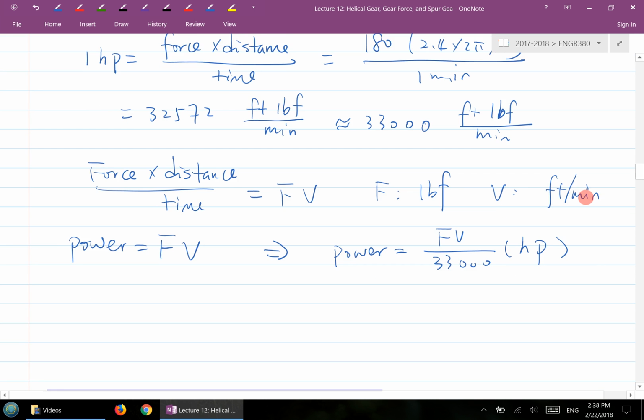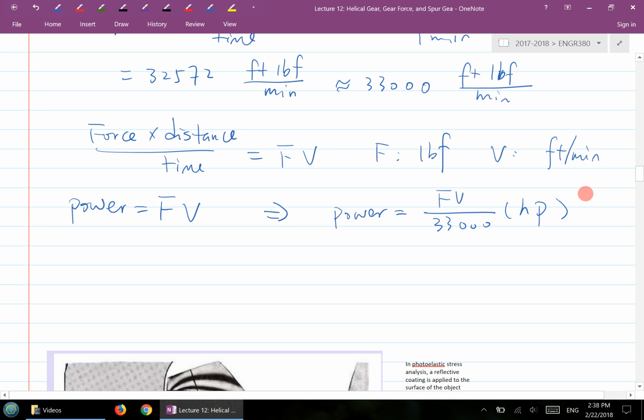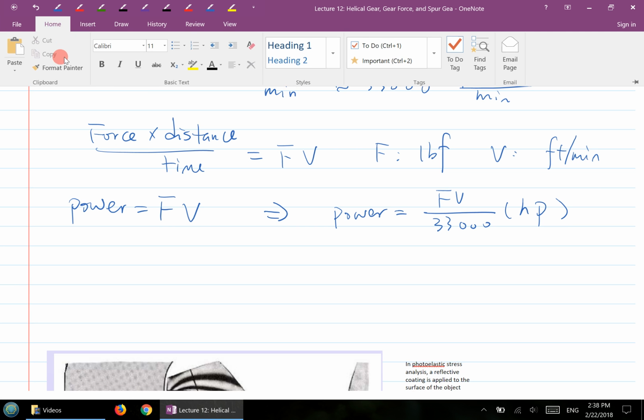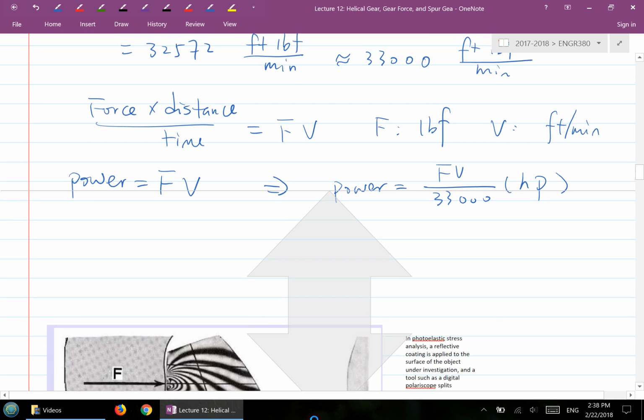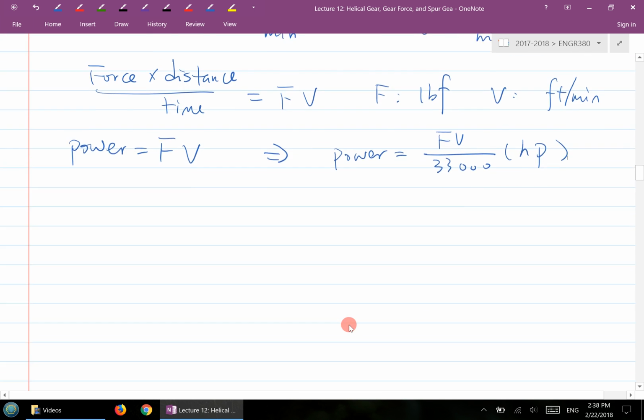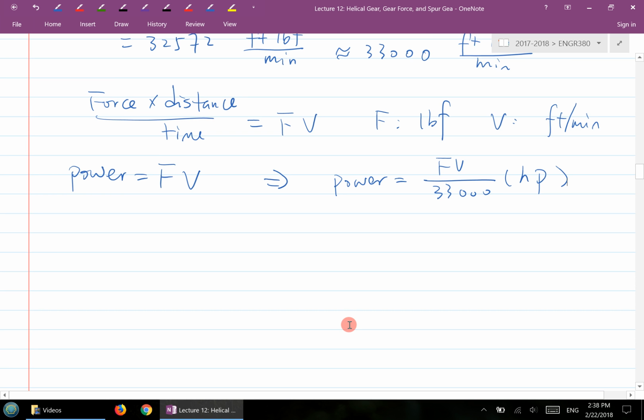Now, what you're given here is often not the actual velocity. When you have a shaft design or gear design, you will inevitably use angular velocity.